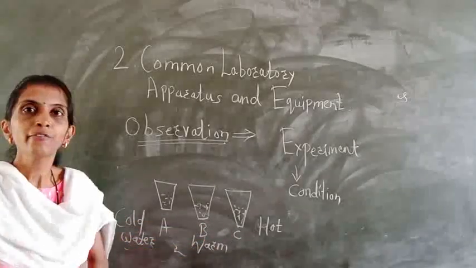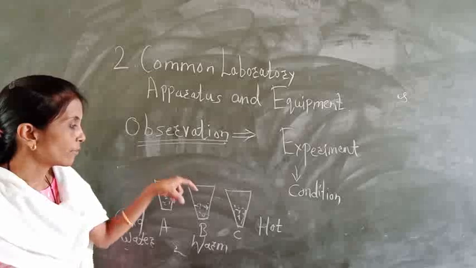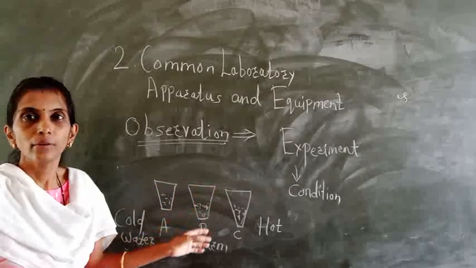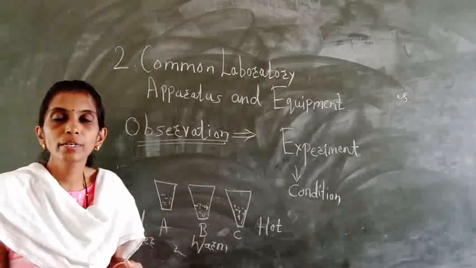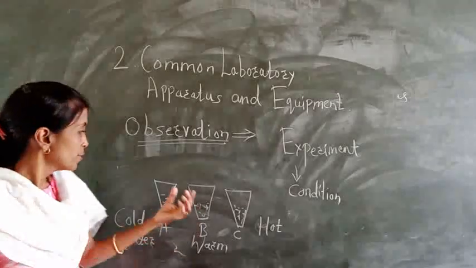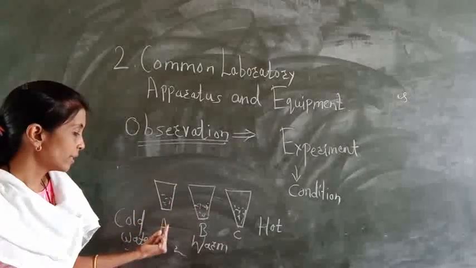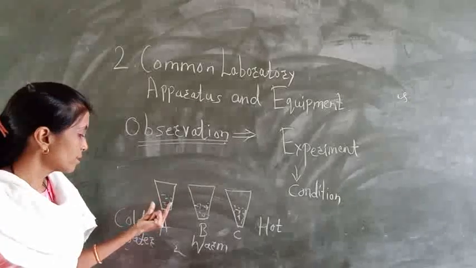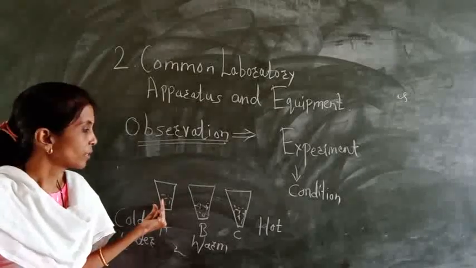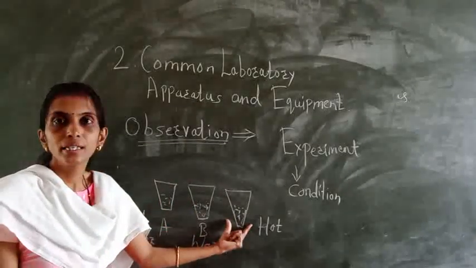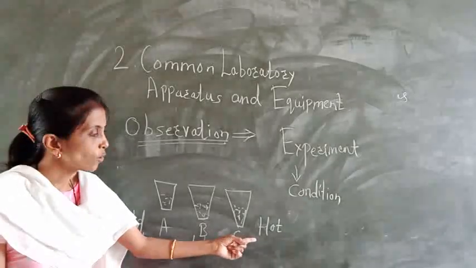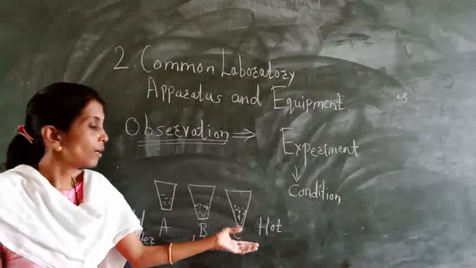Okay, and if you put a finger one by one in each and every glass, what do you conclude? When you put the finger in glass A, it feels cold. When you put the finger in glass C, which contains hot water, how do you feel?